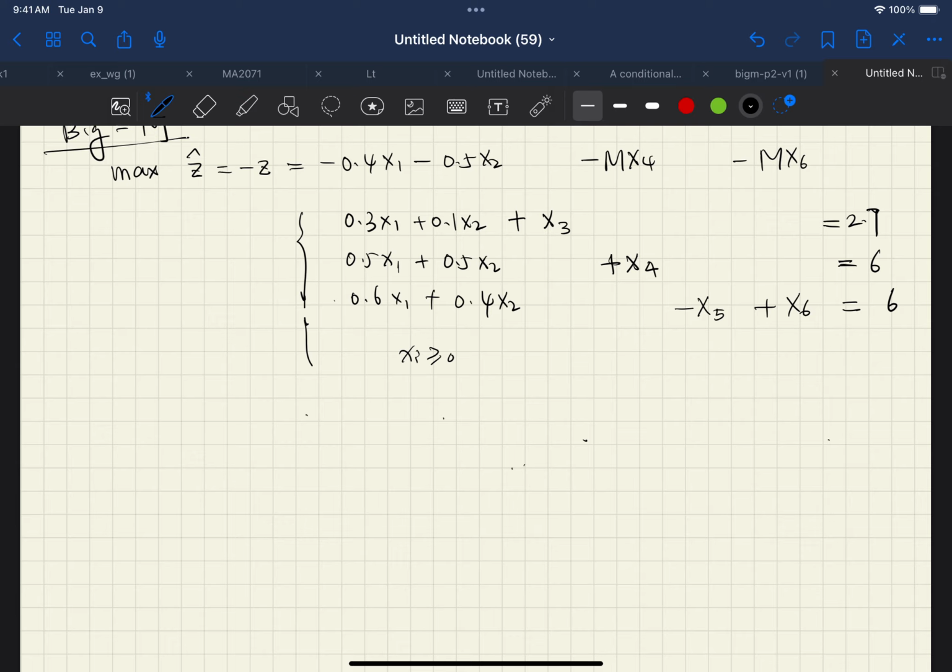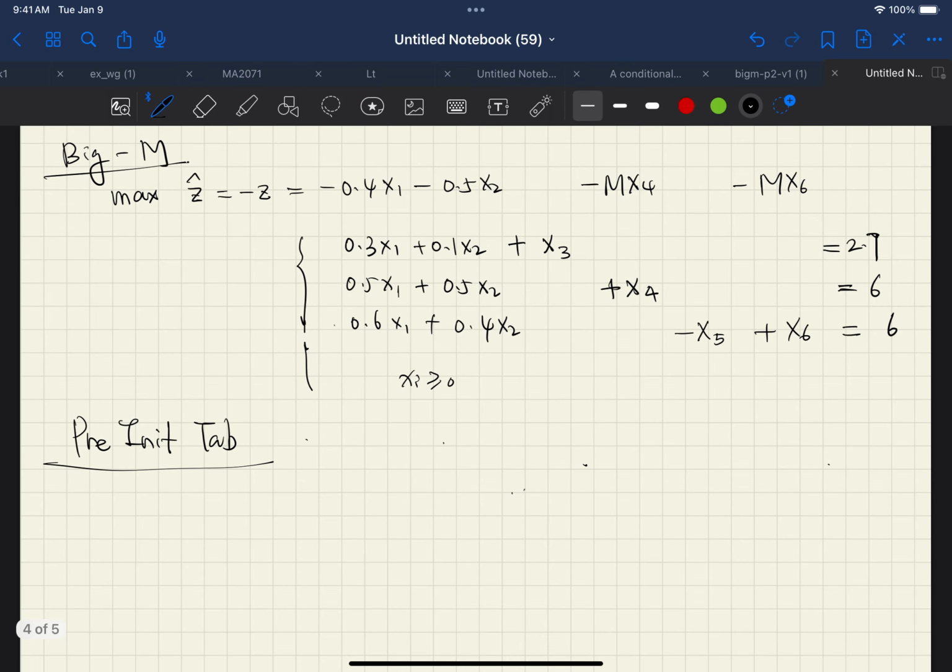And for this, we are going to do the tableau. So let's say this is the pre-initialized initial tableau. When we do that, we can write this as the first row. The first row becomes negative z plus 0.4x1 plus 0.5x2 and 0x3 plus mx4, 0x5 and then plus mx6.